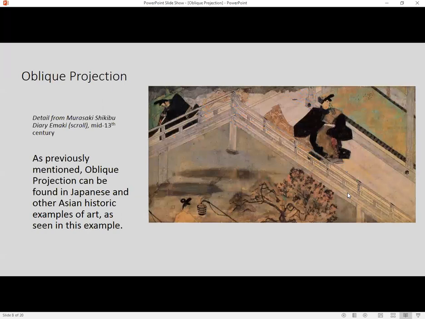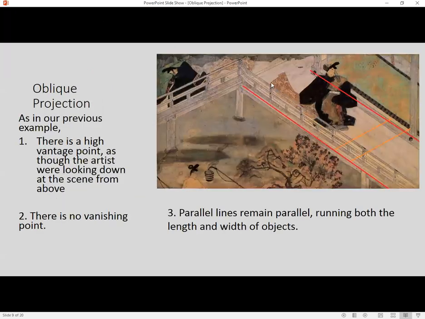So then when we're looking at some Japanese works of art, we can also tell that it possesses those hallmarks of oblique projection. We're looking at the scene from up above. So we're higher up, like on a mountain or something. Then we look at these. These are lines that are running along the length of this bridge or walkway.